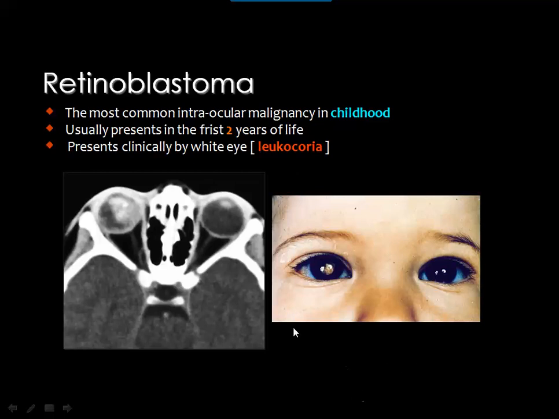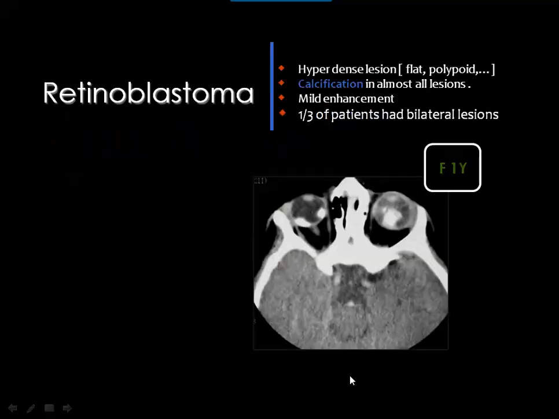Then if you see a mass inside the globe in a child, then you think of a retinoblastoma. Then this retinoblastoma is a relatively hyperdense lesion. It shows calcium in most of the cases, and if you inject the contrast media, you can see some enhancement.